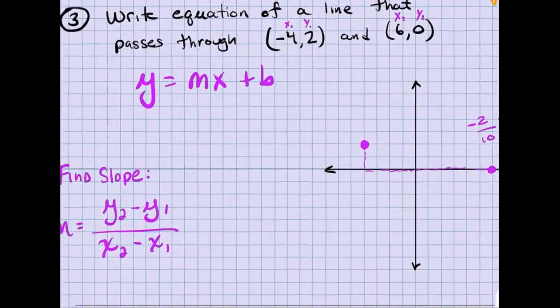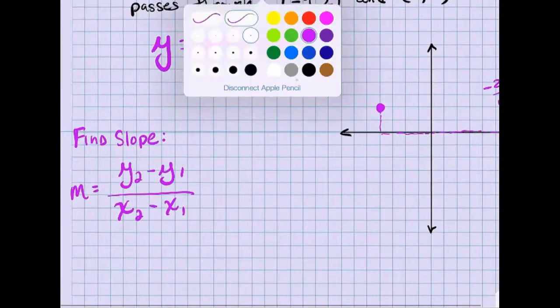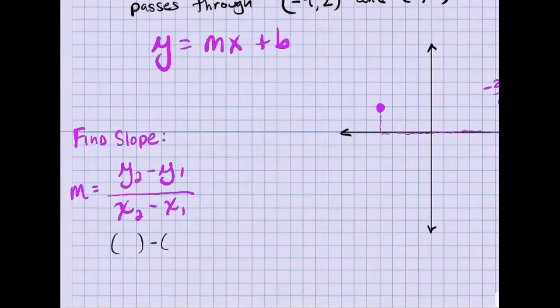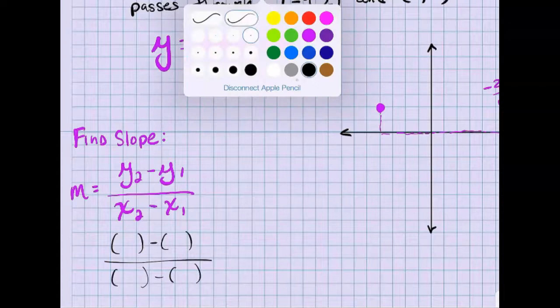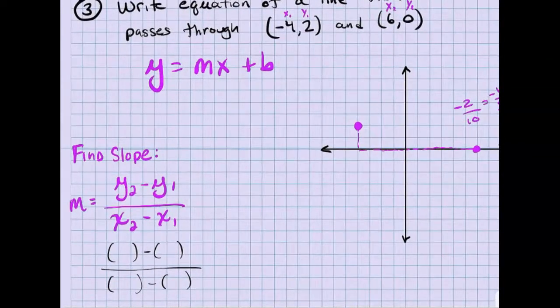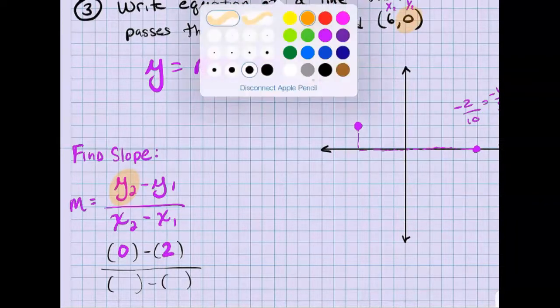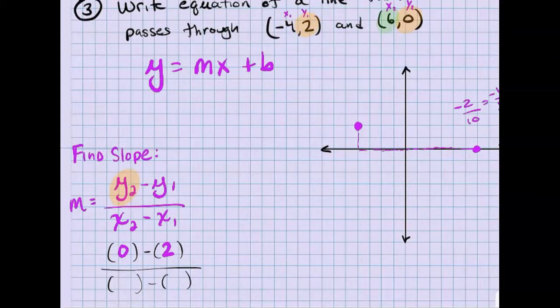Now that you know that, you can just go, let's see, blank minus blank, blank minus blank. And the second y is 0. The first y is 2. The second x is 6.